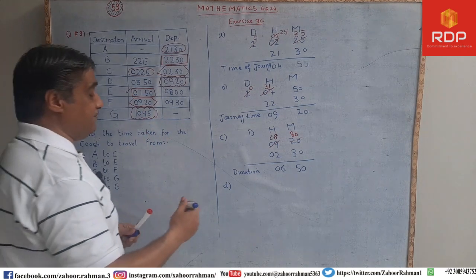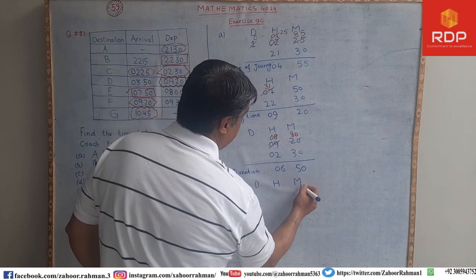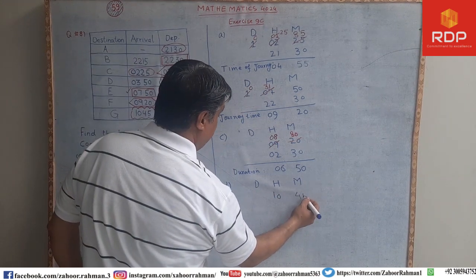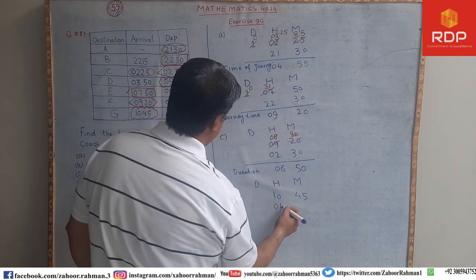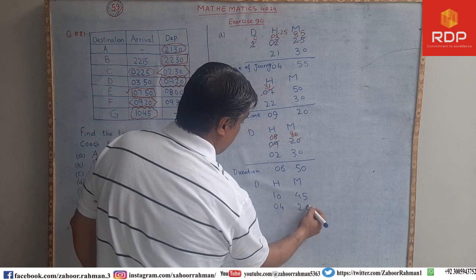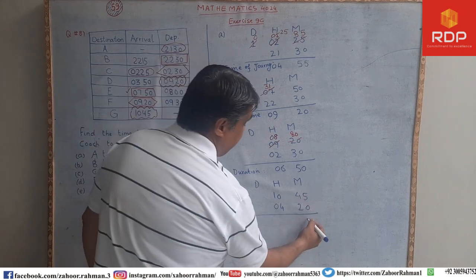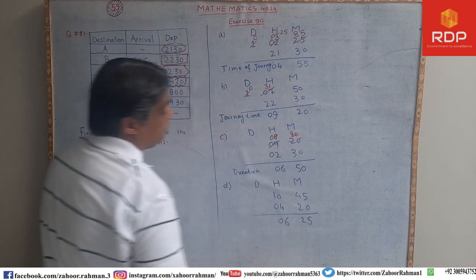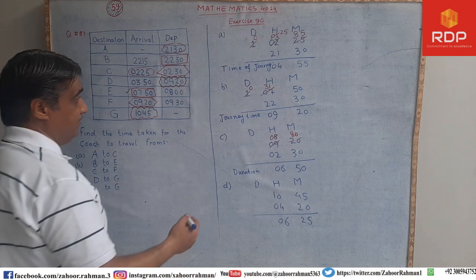So first we have to write D H M, and that is 10:45, and that is 04:20. No day involvement. Simply 25 and 0. So 6 hours and 25 minutes of journey time.